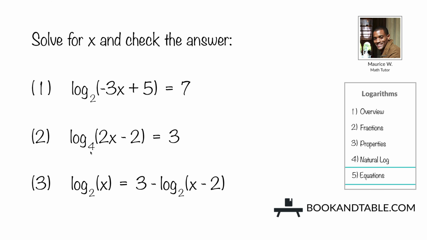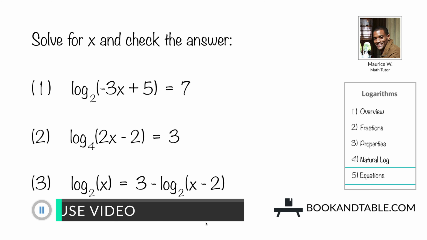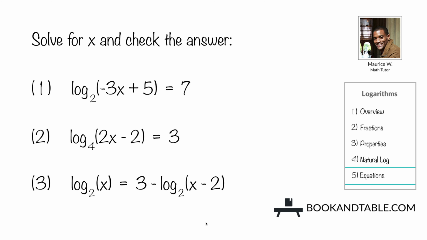Log base 4 of 2x minus 2 is equal to 3. And question number 3. Log base 2 of x is equal to 3 minus log base 2 of x minus 2. Pause the video, answer these questions, and then press play when you are ready to begin.